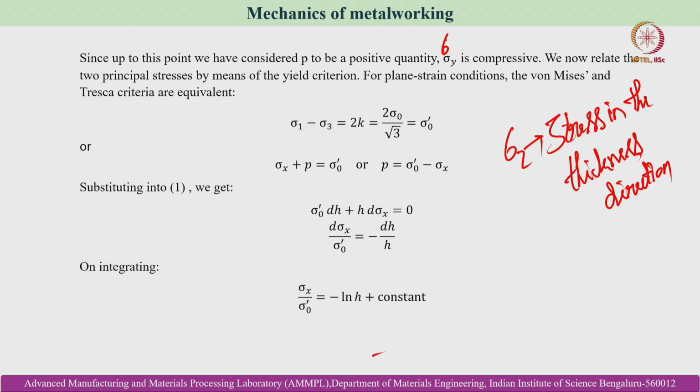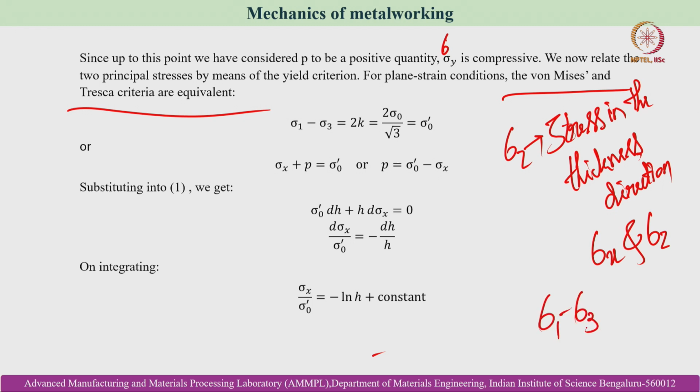We now relate the two principal stresses. What are the two principal stresses? We have discussed sigma x and sigma z, and we have assumed plane strain condition. So the two principal stresses we are now relating by means of the yield criterion. For plane strain condition, the von Mises and Tresca criteria are equivalent, and that is: principal stress sigma 1 minus sigma 3 is equal to 2k, that is 2 sigma 0 by root 3, where sigma 0 is the yield stress of the material, which can be defined as sigma 0 prime.